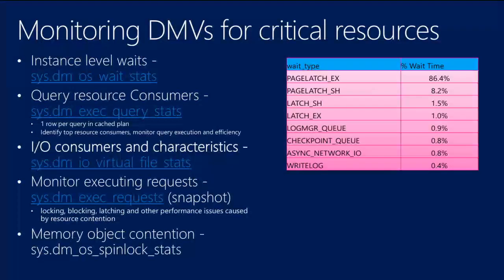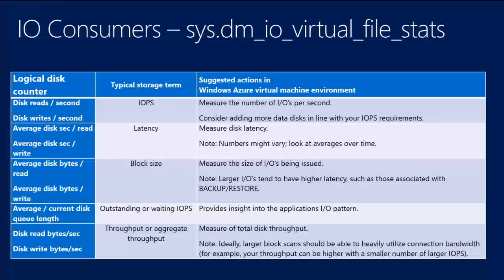I'll use one or two of these as I go along. But I mentioned sys.dm_io_virtual_file_stats, and here's a more detailed breakdown of it. Hopefully the writing's big enough. If you think back to the beginning, when I said what things are we interested in, what do we care about, a lot of these you can get information on if you query sys.dm_io_virtual_file_stats.